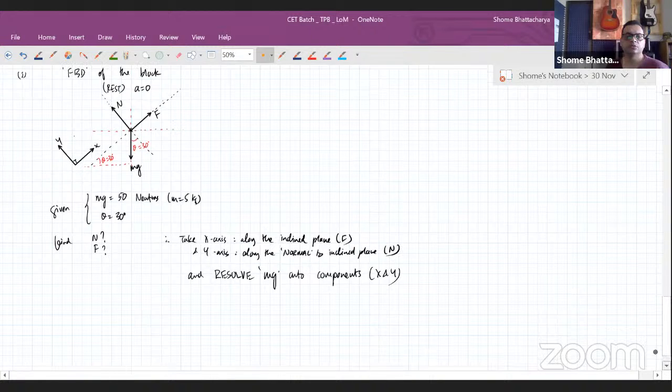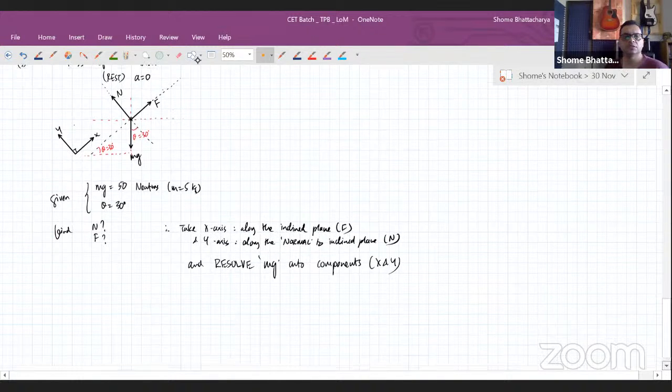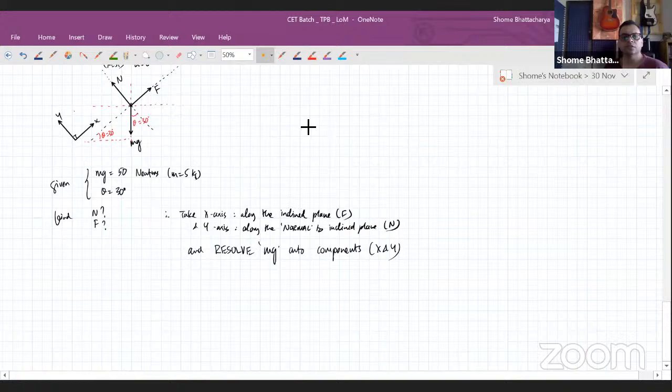So when we resolve mg into components, see what's going to happen here is mg is a force which is acting vertically downwards. Okay. Whereas our x and y axis are like this. This is the direction of our x axis, this is the direction of our y axis. So this angle is theta.